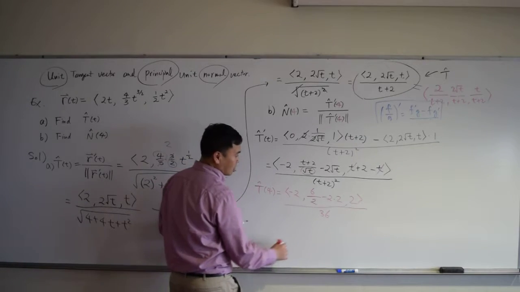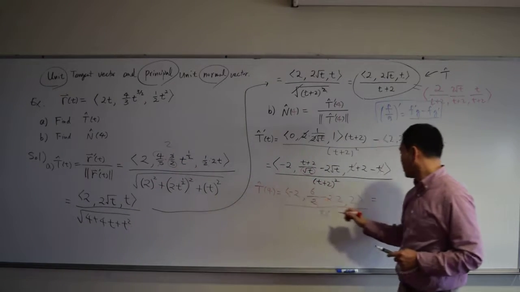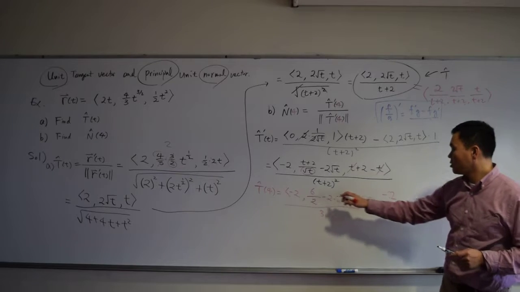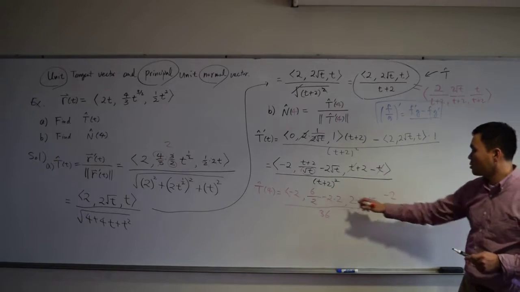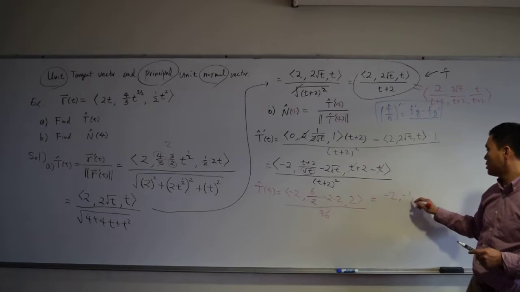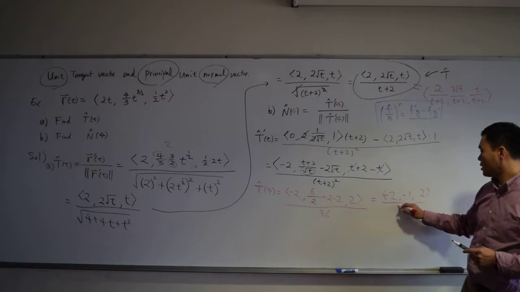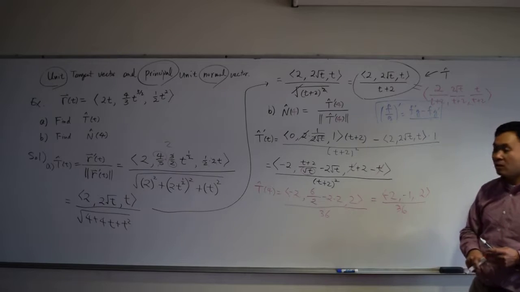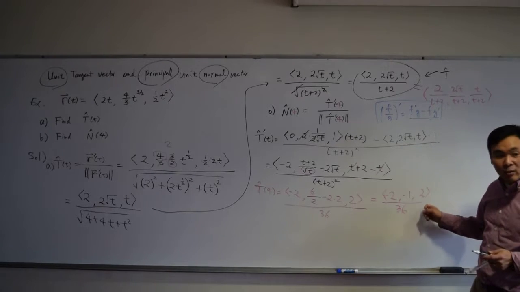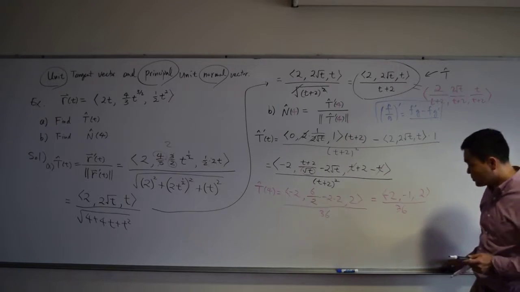So that gives us, let's see, negative 2, 3 minus 2, then 3 minus 4, that's negative 1, and 2. And then you have 36 in the denominator, okay? So that's T prime of 4, and now you have to normalize this thing.